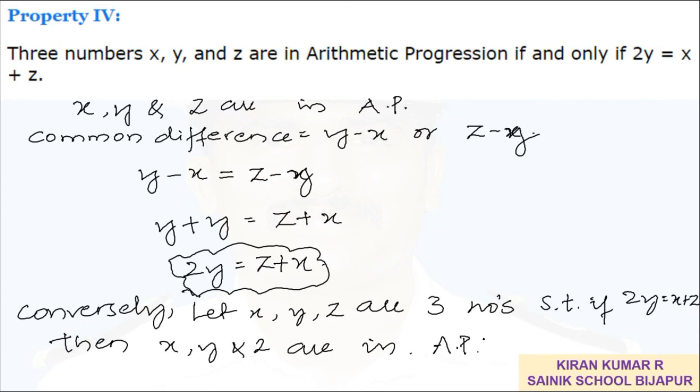These concepts are very important because in some competitive examinations, when this format is there, 2y is equal to x plus z, we can say that the given numbers are in arithmetic progression. That's all for today's session. Thank you.